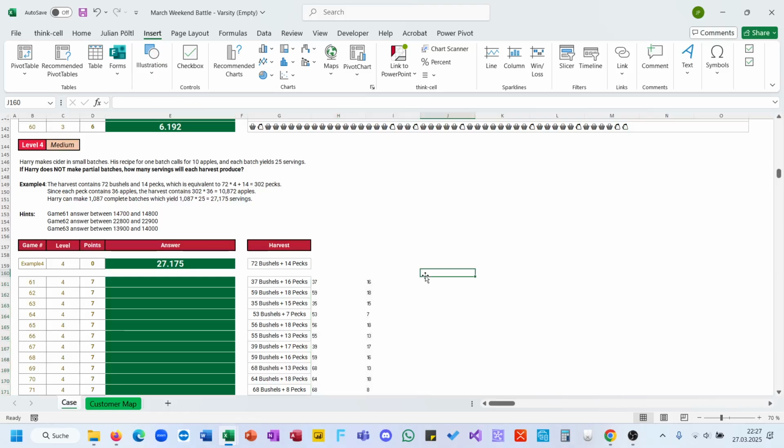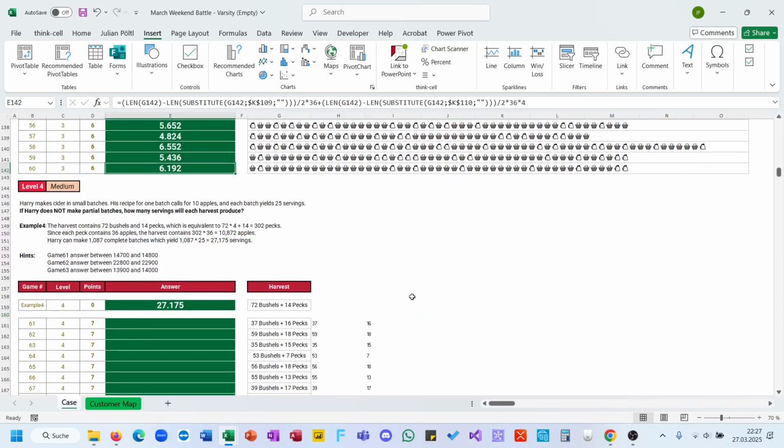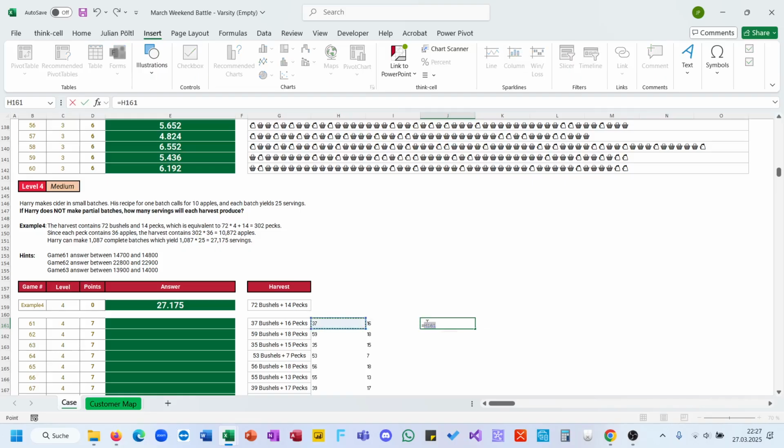We have the number of apples. So the number of apples is 30, or first the number of packs. It's this times 4 plus times 4 plus this, so 106.